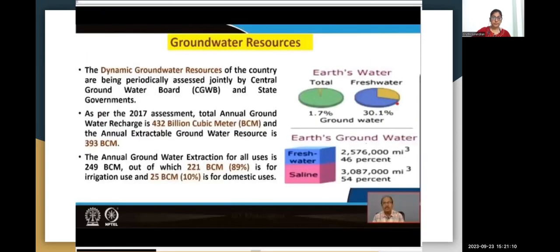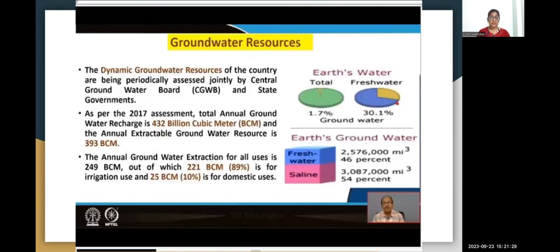Yes. So according to the groundwater assessment in 2017, the Central Groundwater Board along with the state governments and boards are the bodies that keep an assessment of the country's changing groundwater resources.